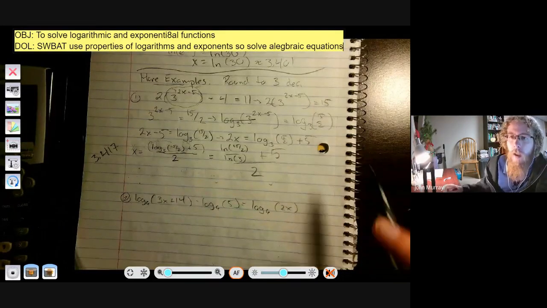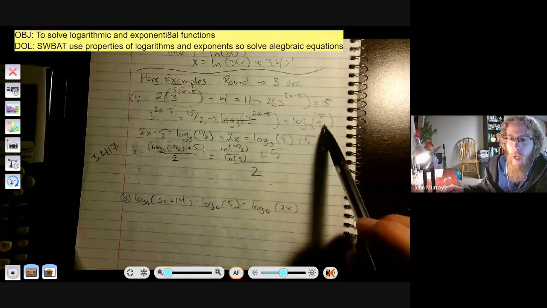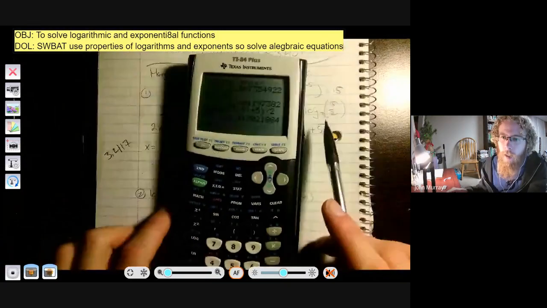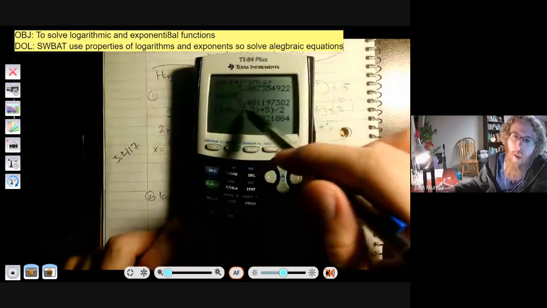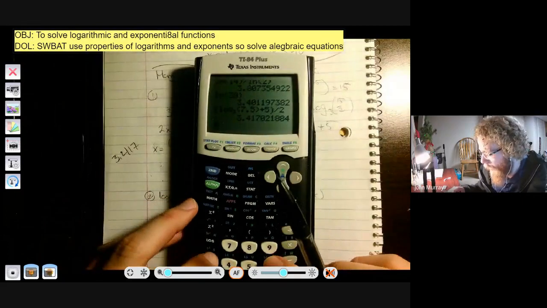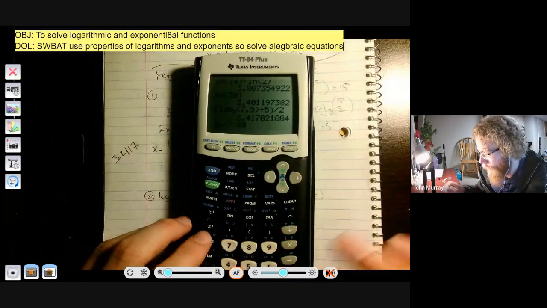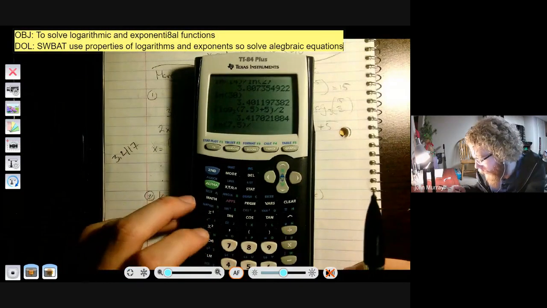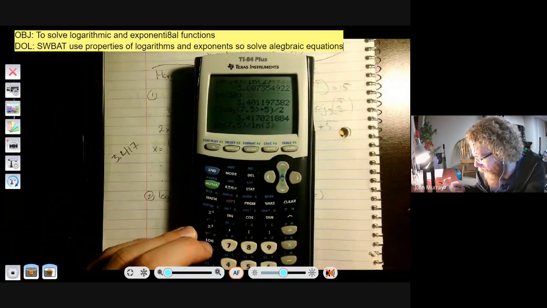Let me show you, though, what happens if we round here first. Say I had to calculate this and I don't have this log here. So I'm going to do the change of base: the natural log of 15 over 2 divided by the natural log of 3.